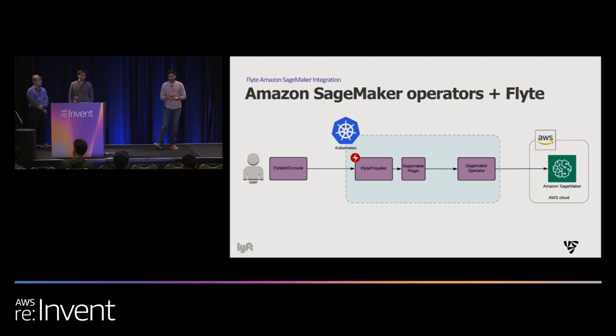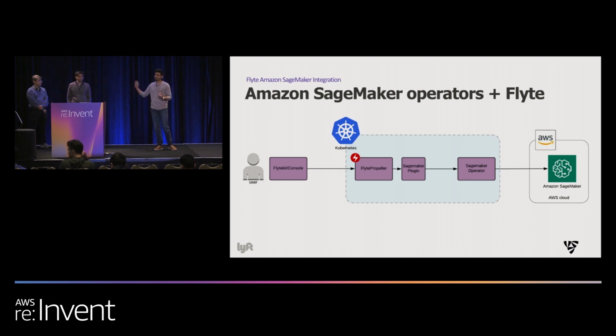So this is how the flow would look. A user basically writes some code in their Python. It's in the same exact way they have been writing for all their pipelines. And it gets handed over back to our engine. And the engine has the special plugin layer that we've written, which calls the operator, and the operator does the rest.